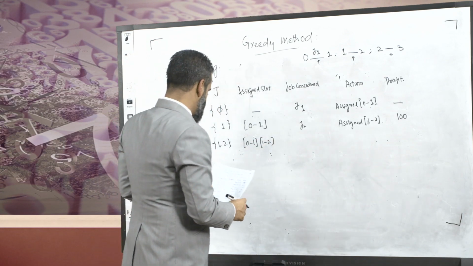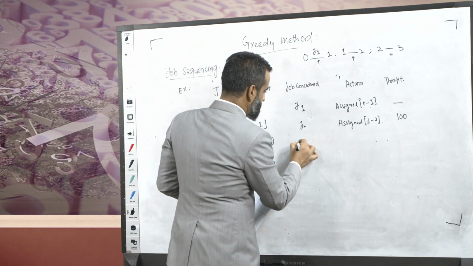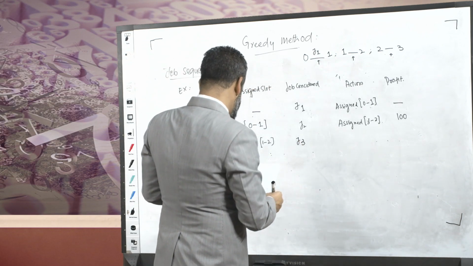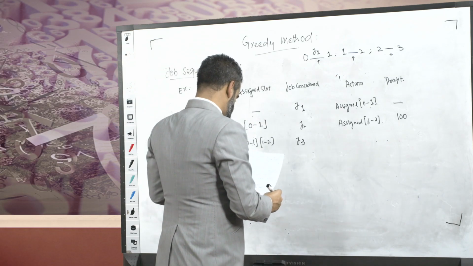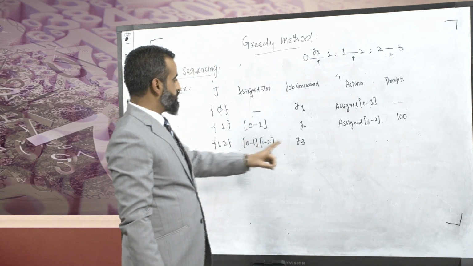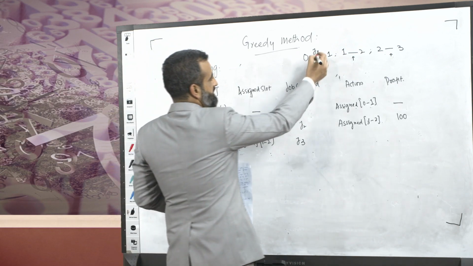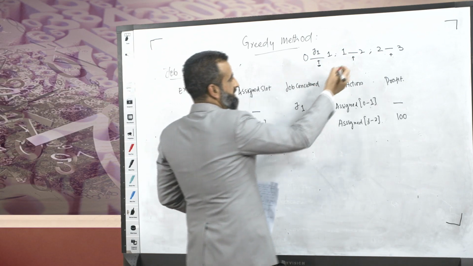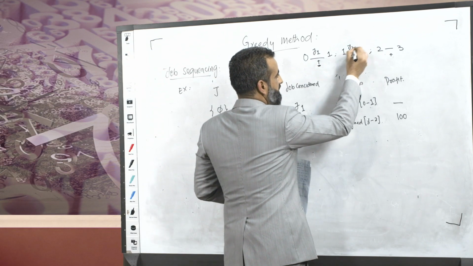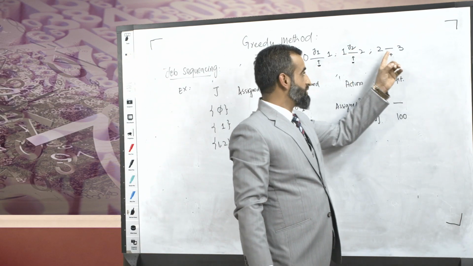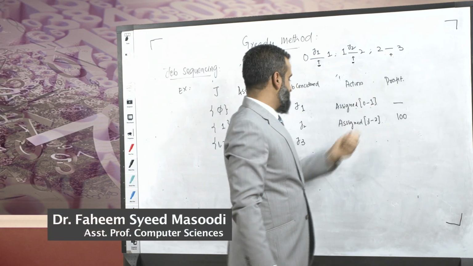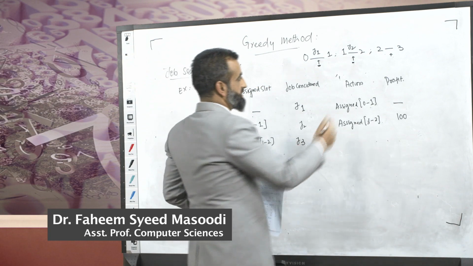The next job I am considering is job J3. The deadline associated with job J3 is 2. Slot 1 to 2 is already occupied, and the only free slot is 2 to 3, but the deadline associated with J3 is 2.